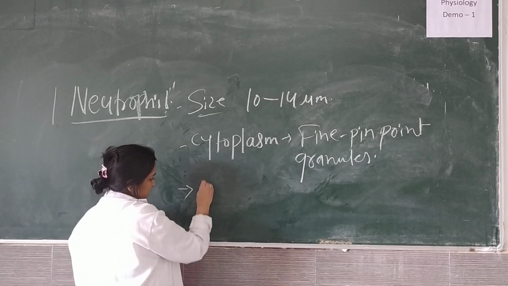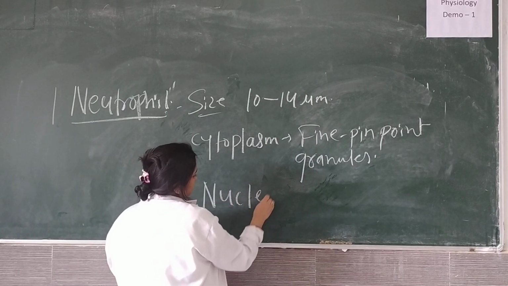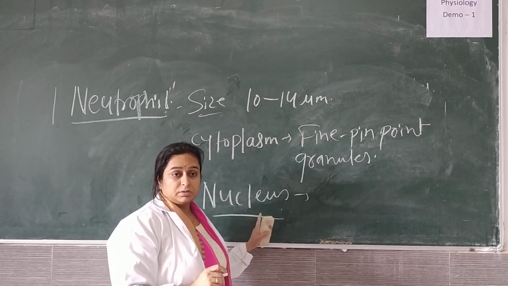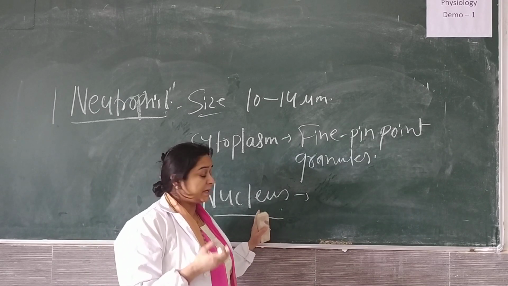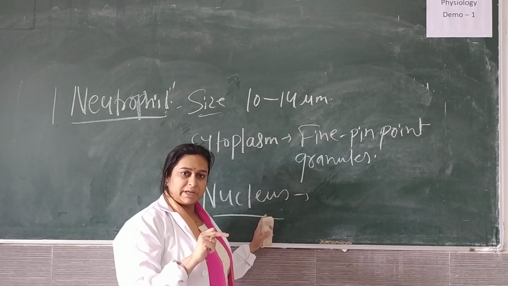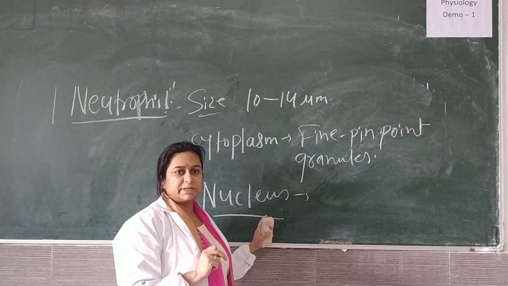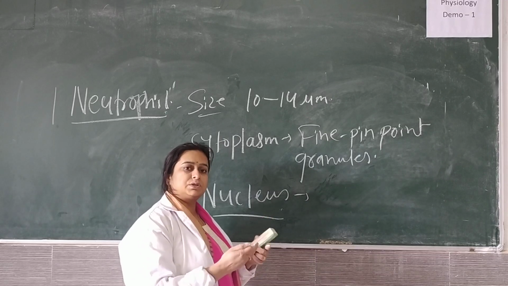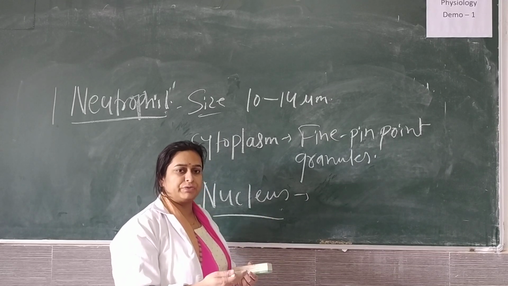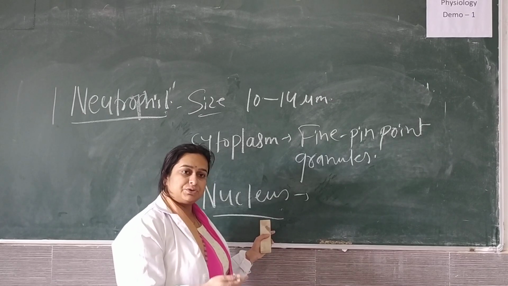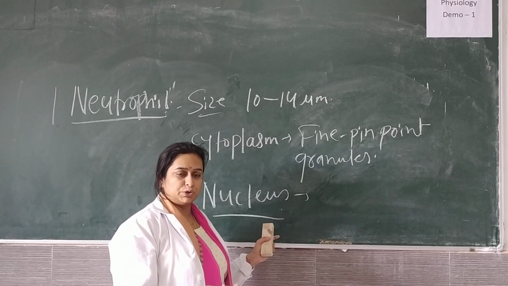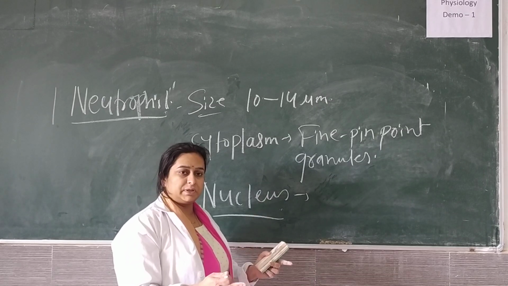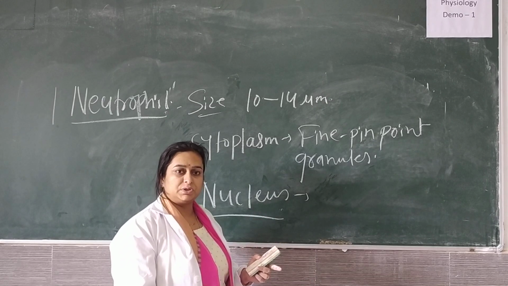Now, the nucleus. A young neutrophil usually is unilobed. It can be U-shaped or C-shaped. But when it starts growing up, meaning maturity of the neutrophil, the nucleus becomes bilobed, trilobed.